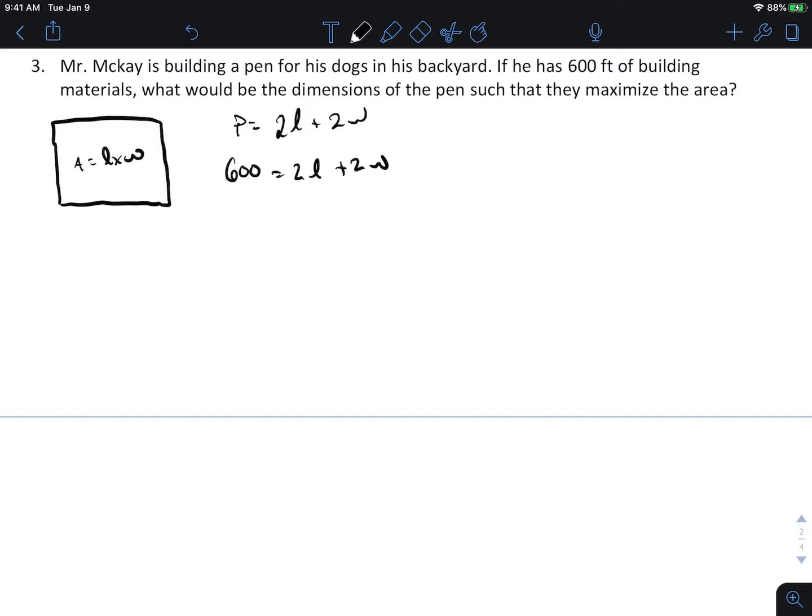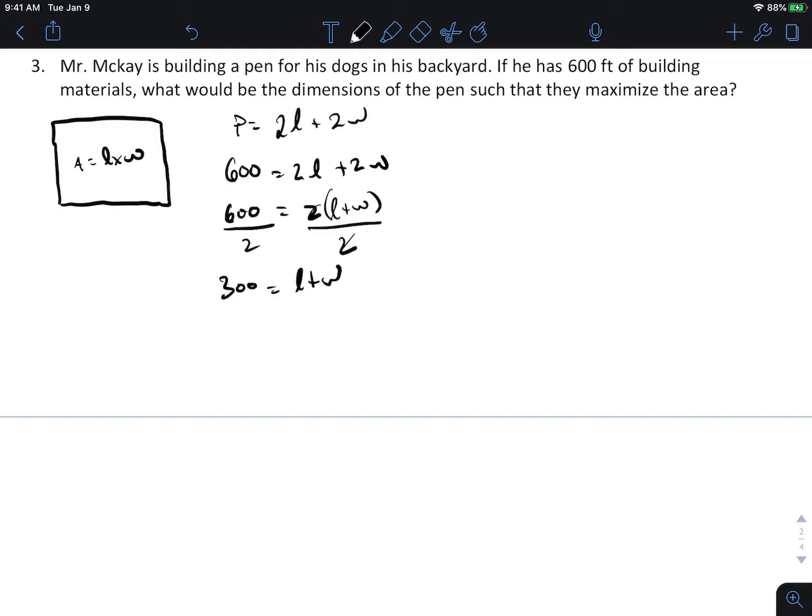So now I could do a little bit of algebra on this. I could say 600 is equal to 2, I'm going to factor the 2 out, L plus W. And then I can divide both sides by 2, those would drop out, and I get 300 is equal to L plus W. Ultimately the question is, what are the dimensions going to be?